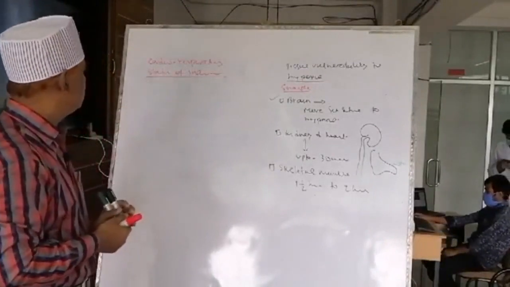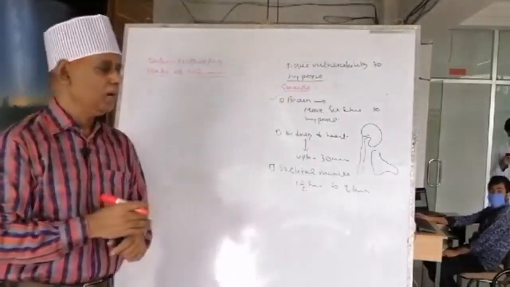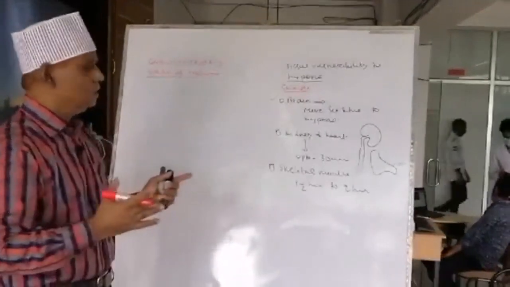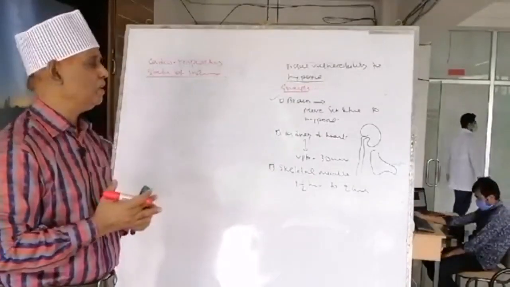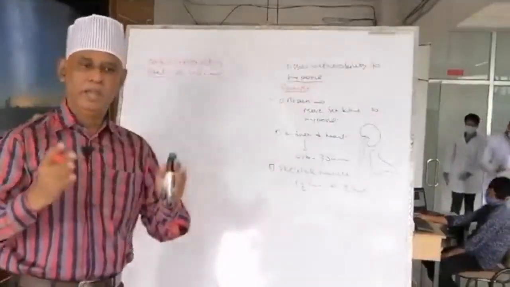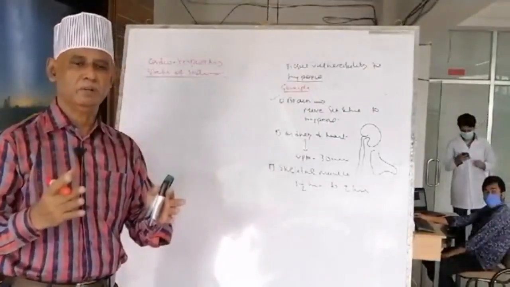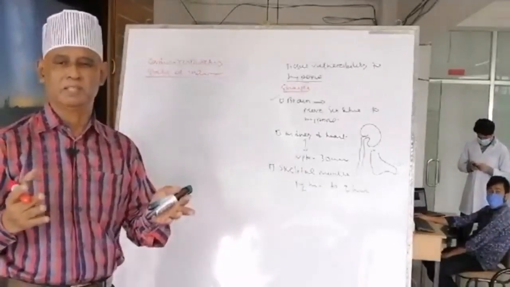Dear audience, this is up to infarct and infarction. I have told you what is infarct: a localized area of ischemic necrosis, either due to sudden arterial occlusion or impairment of venous return. The area is called infarct. There is necrosis due to arterial occlusion or impairment of venous return.